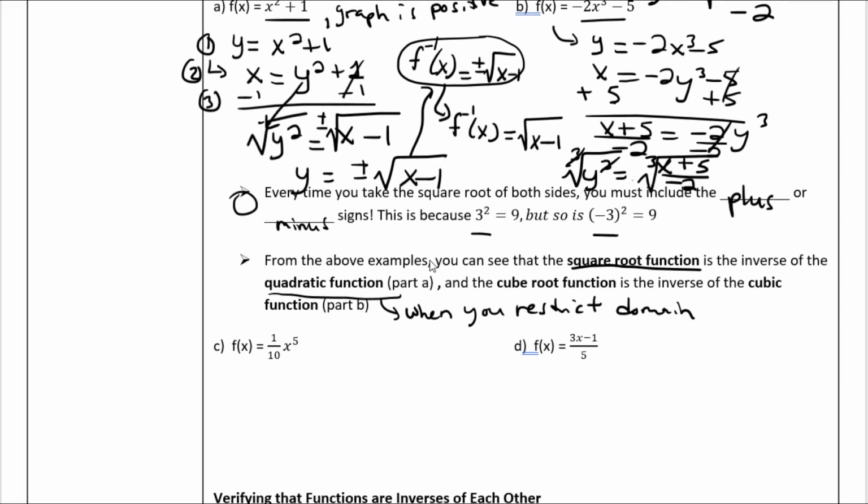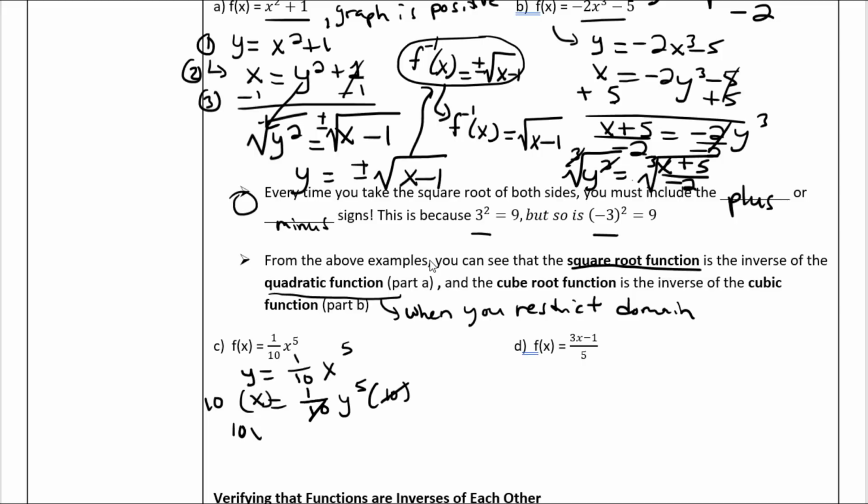So now part C, we're going to do the same thing here. y equals 1/10 x to the 5th, swap x and y. Now we've got to multiply by 10 on both sides, because right now this is dividing by 10. And that's the only way that you can get rid of that guy.